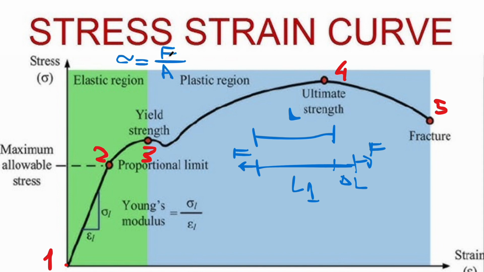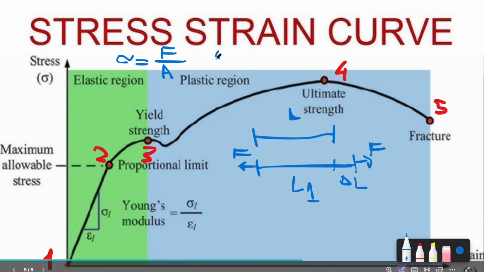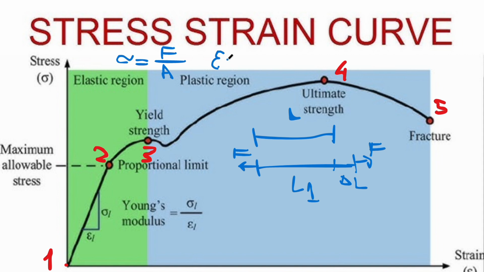This is the formula of stress. And strain is epsilon equals delta L divided by L, where delta L is the length increase and L is the original length of this stick.